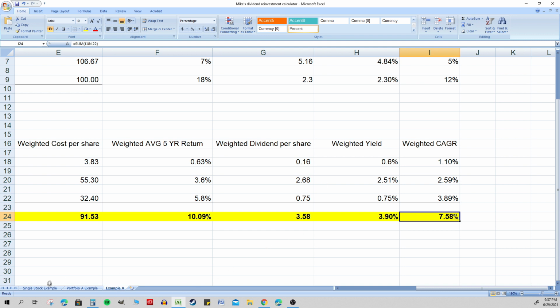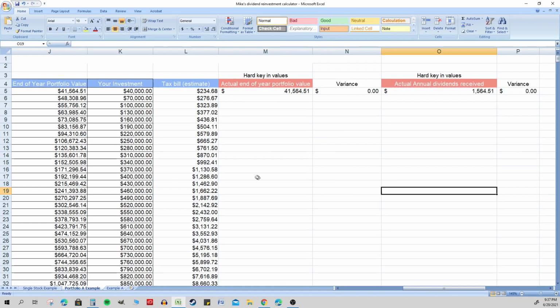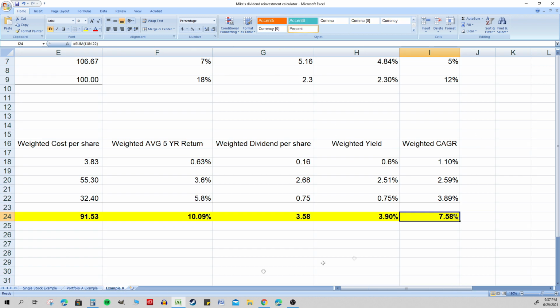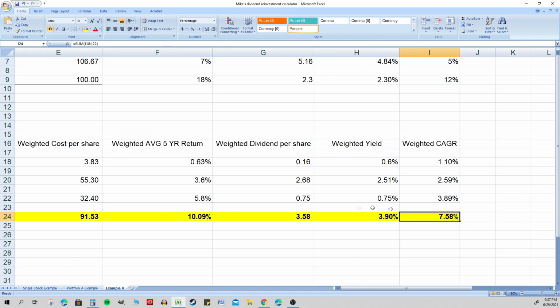So what you do is you switch back to this tab on Portfolio A. You can see up here would be the 3.9% yield that I've put, the dividend growth rate, the 7.58. Remember, that comes from right here. The starting price per share is $91.53, and the annual dividend per share is $3.58, and all that comes from this calculation right here.